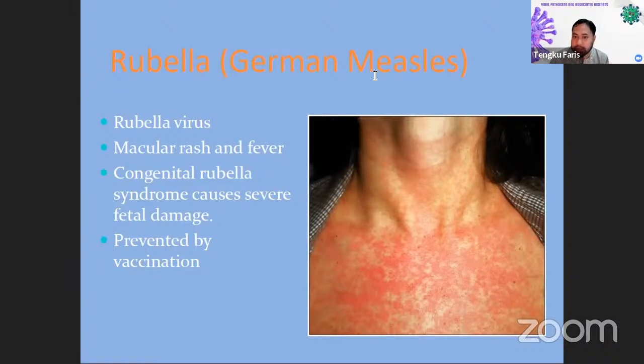Why I'm saying this? Because for taking the vaccination, you need to be screened properly. If you have any immune diseases, if you are immunocompromised, okay, your body is not suitable to receive any vaccines. In other words, your body cannot tolerate the vaccines.